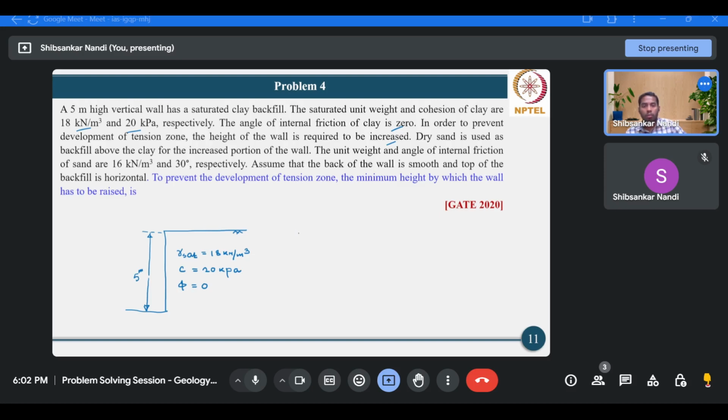Now, as one of the preventive measures, it has been discussed that we will increase the height of the wall by sand filling at the top portion of the wall. So this is the increased height.